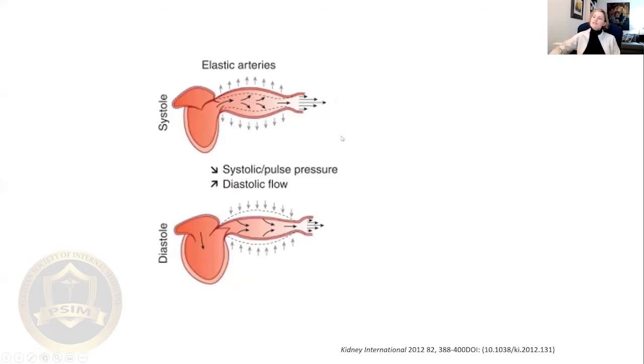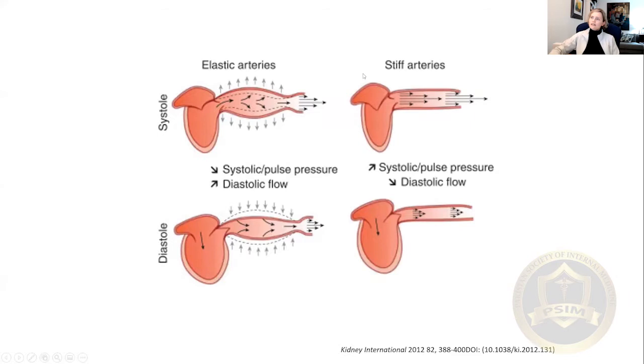As I show you on this slide, which explains it pretty well, if a person has elastic arteries during systole, you'd see an increase in capacitance, an expansion of the aorta during systole. So this is a drop in systolic blood pressure and pulse pressure. And with diastole, you see an increase in diastolic flow. Alternatively, if a person has stiff arteries, this is not the case, and the blood is propelled straight with an increase in pulse wave velocity going forward.